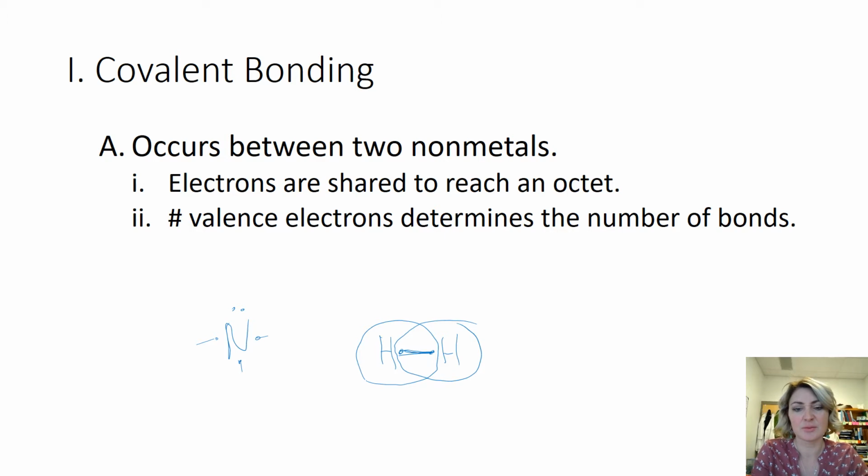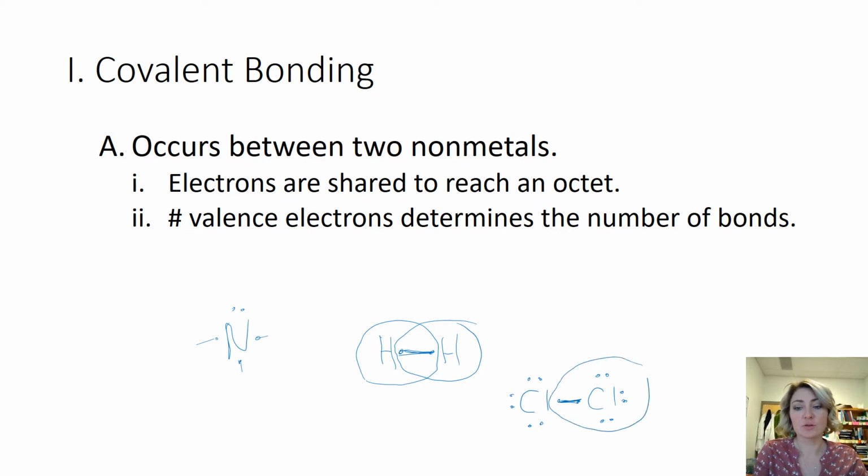Let's look at an example where we're actually using the full octet, because hydrogen's kind of funny. If we have 2 chlorine atoms, both have 7 valence electrons. They're halogens, so they just need 1 more valence electron to complete their octet and have the stability of a noble gas. They have the ability to create 1 bond, so they share those 2 electrons.